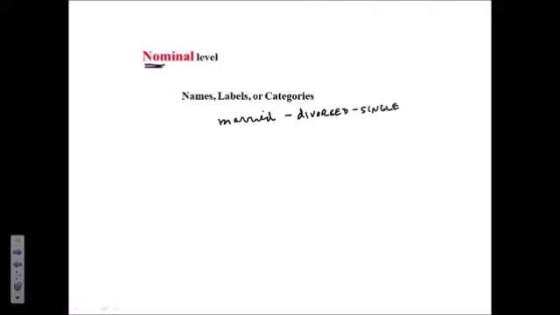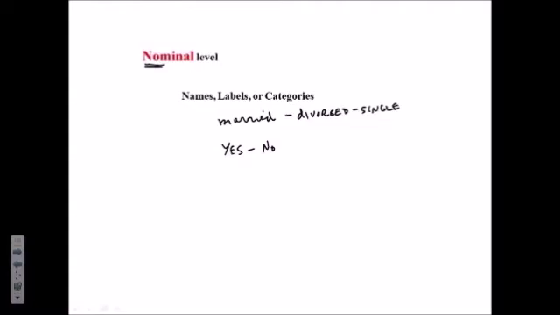So if we ask someone their status, they could give one of these words. Or they could say to the question, are you an independent? They could say yes or no. So a yes-no response. This is nominal level data.